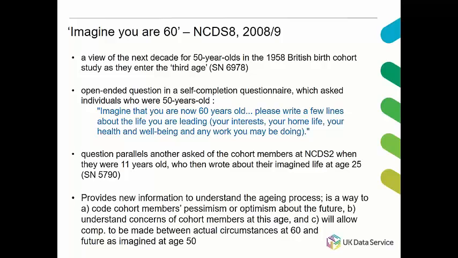So that actually provides some really interesting new information to understand the aging process, and it is a way to A, code cohort members' pessimism or optimism about the future, B, understand concerns of cohort members at this age, and C, it will also allow a comparison to be made between actual circumstances at 60 and the future as it is imagined at the age of 50.